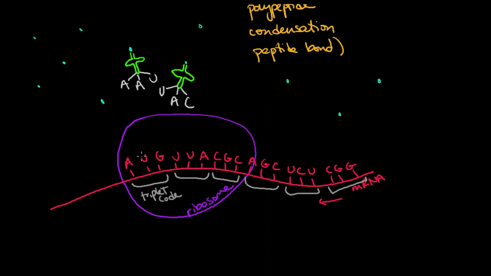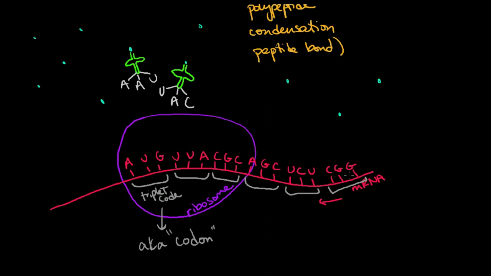But what ends up happening, we've got AUG. What ends up happening here is that this tRNA, which has this triplet code is also called, AKA, also known as a codon.